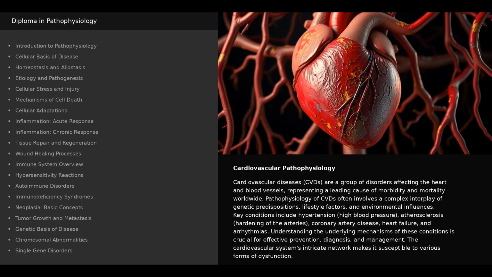Key conditions include hypertension, high blood pressure, atherosclerosis, hardening of the arteries, coronary artery disease, heart failure, and arrhythmias. Understanding the underlying mechanisms of these conditions is crucial for effective prevention, diagnosis, and management. The cardiovascular system's intricate network makes it susceptible to various forms of dysfunction.